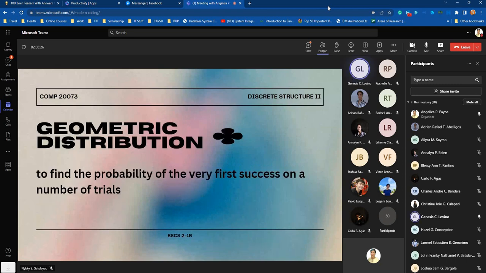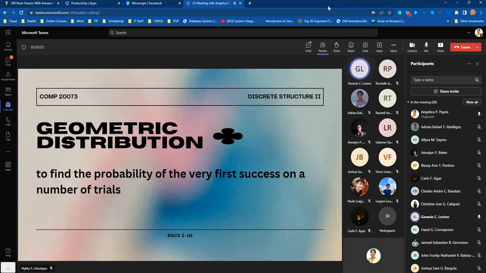Now, let's go to the next term. And we're going to talk about the geometric distribution. Ano naman ang geometric distribution? It is to find the probability of the very first success in the number of trials. Let's say, for example, nag-toss tayo ng coin, and ang gusto ko mangyari is magkakaroon ako ng tails sa fifth toss ko.